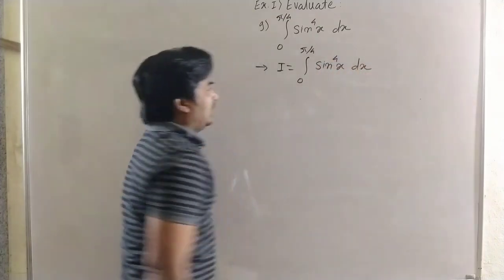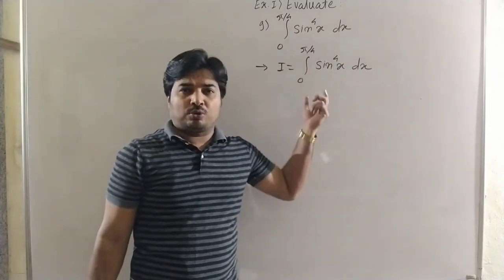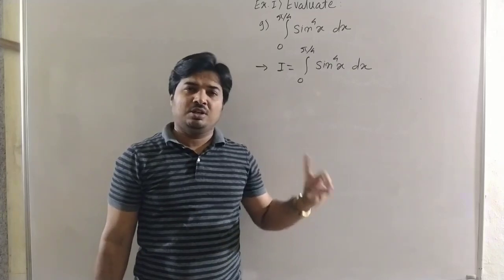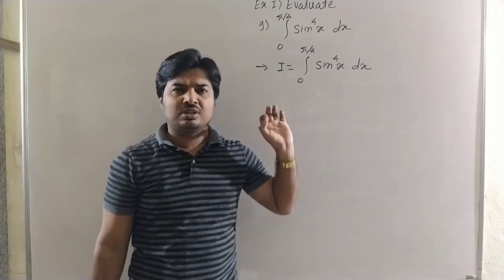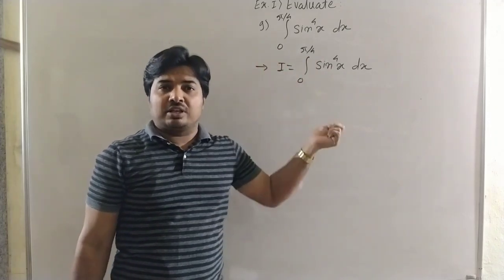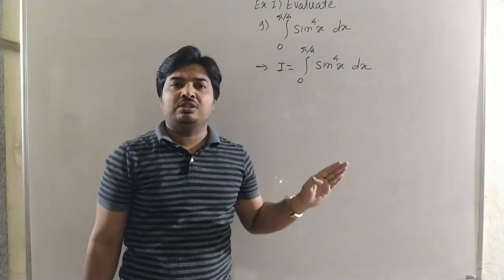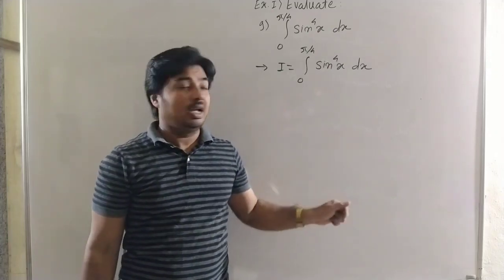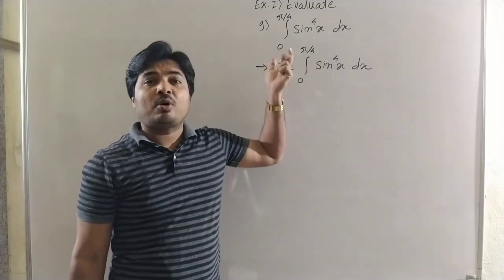See carefully. Now here it is sin to the power 4, and we know how to find the integral of sin square x, cos square x, tan square x, and cot square x. Here we know the integral of sin square x by using the formula for sin square x, that is 1 minus cos 2x upon 2. Okay, but here it is sin to the power 4.